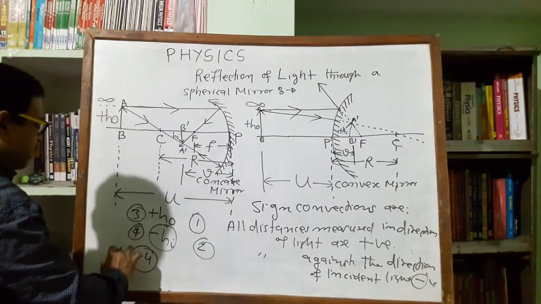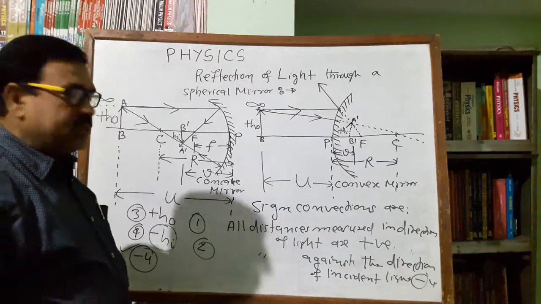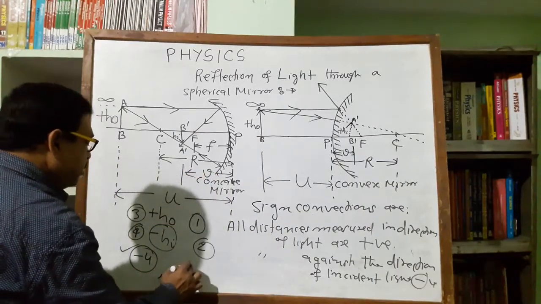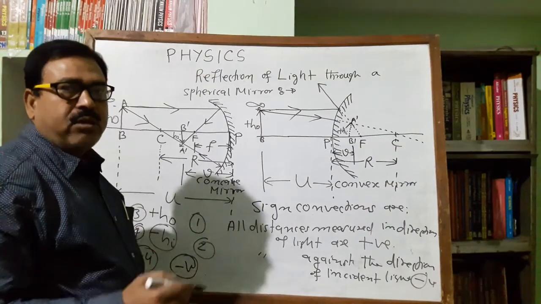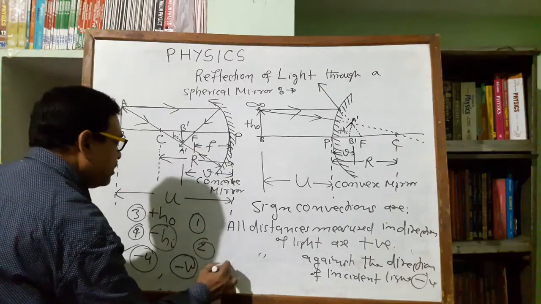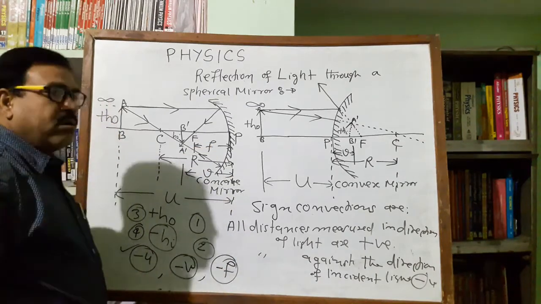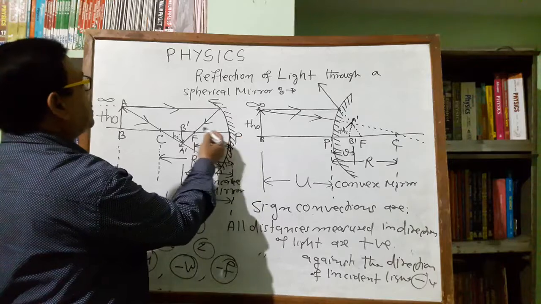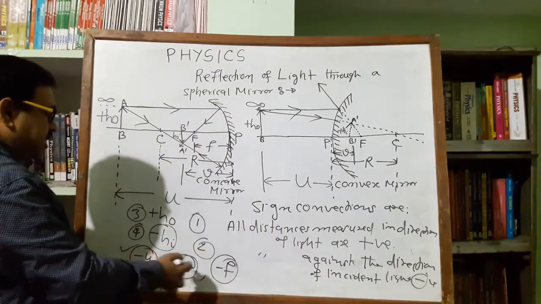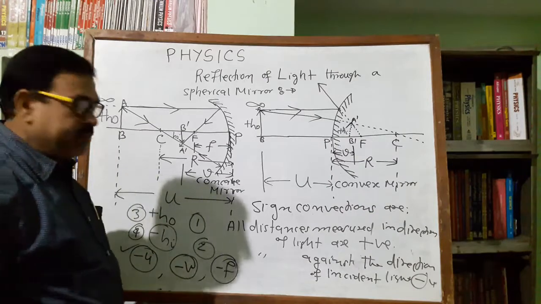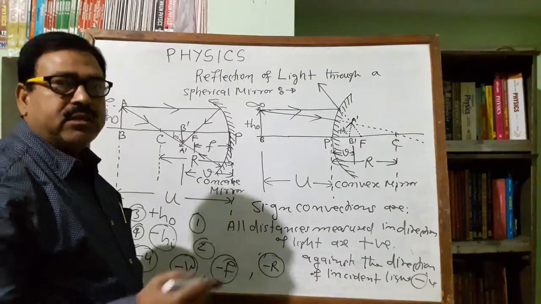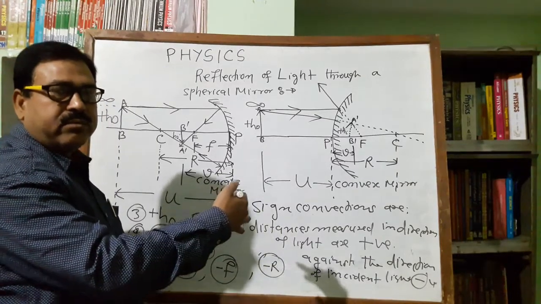This is the reason why we keep the minus sign for object distance. Image distance for the concave mirror is taken negative in the same way because the image is formed against the direction of light. Focal length is also taken with a minus sign for the concave mirror because the focus is against the direction of light. So it should be clear here, all the distances against the direction of light are taken negative. Radius of curvature is also taken negative for the concave mirror because it is also against the direction of light.